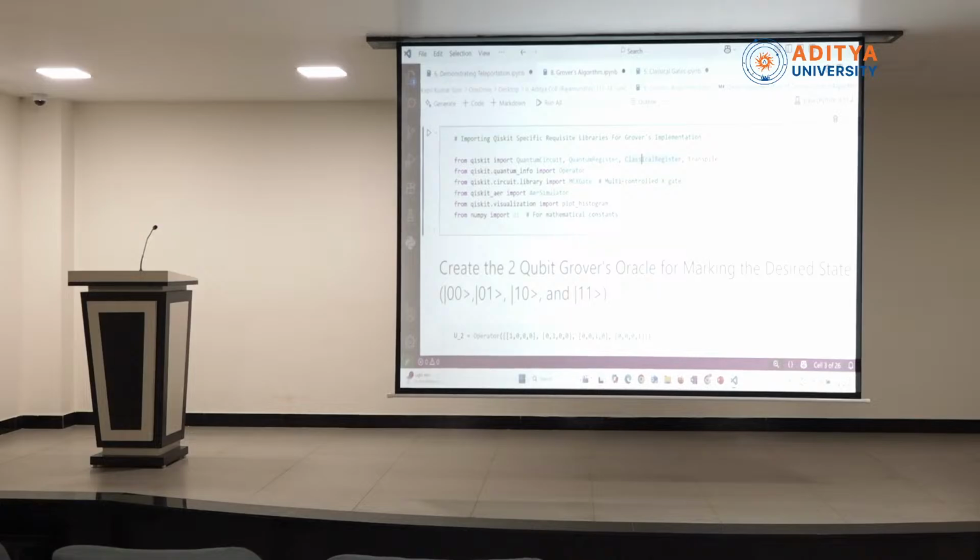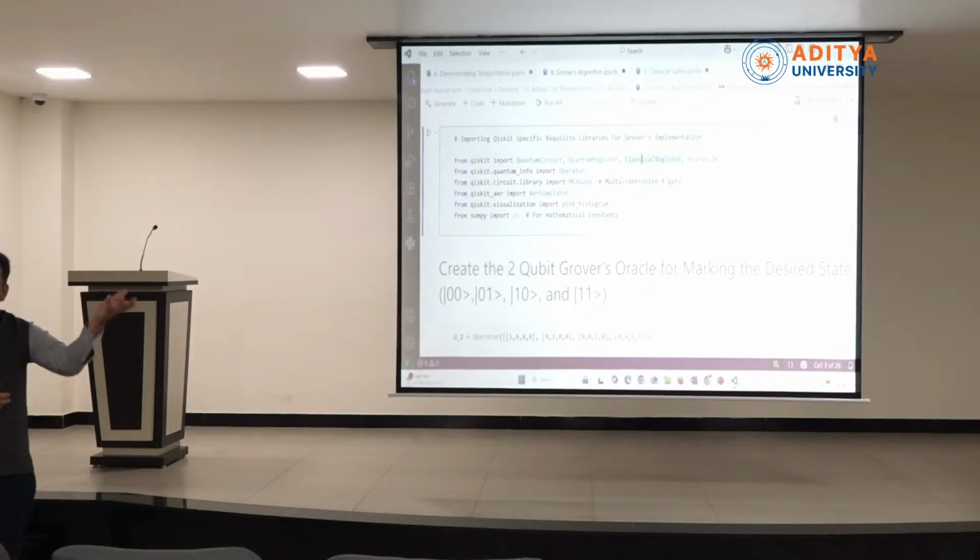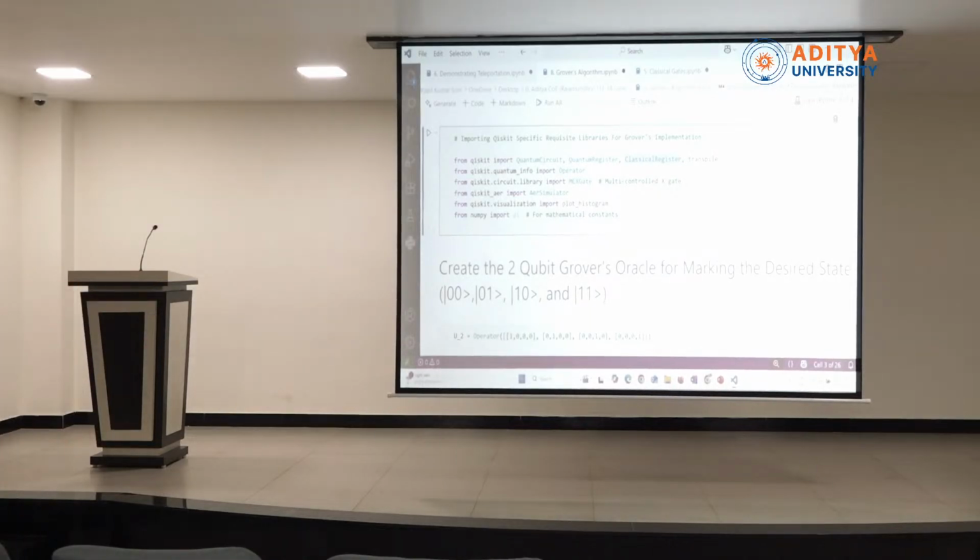Right now we will take the quantum register and classical register separately, and instead of passing values like 2 or 3, we will pass these names: quantum register, classical register. Clear? The rest of the libraries are same.